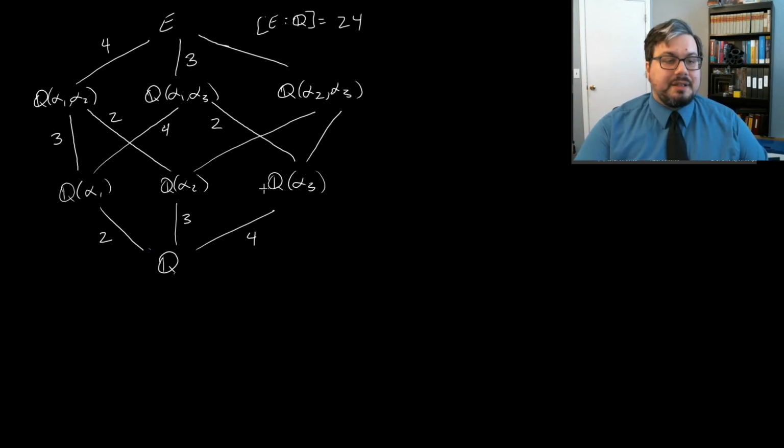And then let's see, what do we have left? Now we can use a similar argument on this right-hand side over here that we used on the left-hand side. To go from Q to Q(α2, α3), that has degree less than or equal to 3, because α2 is the root of a degree 3 polynomial.